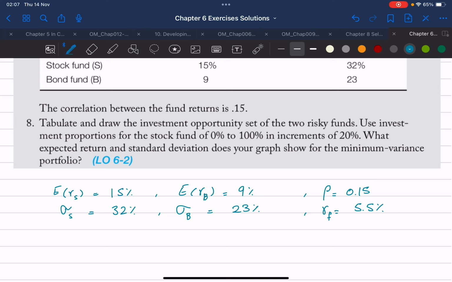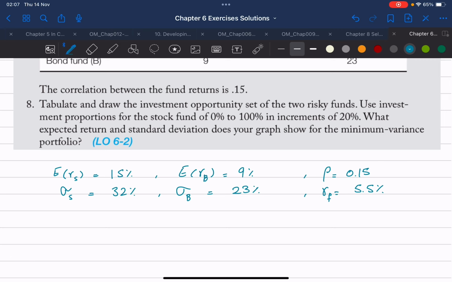Now that we know these inputs, we can go ahead and generate what is called the covariance matrix. The covariance matrix is going to help us have all the inputs that we're going to use in our formula. It's going to make the substitution in our formula a lot easier. I'll show you how.